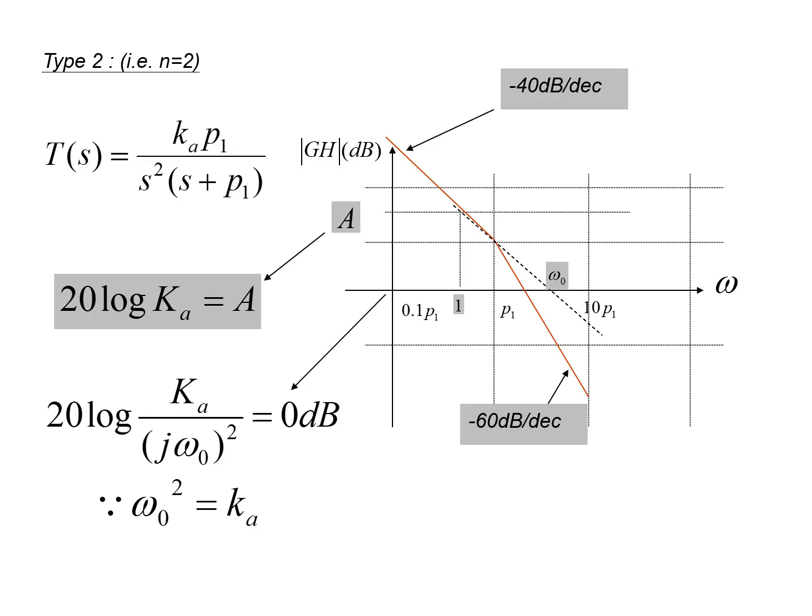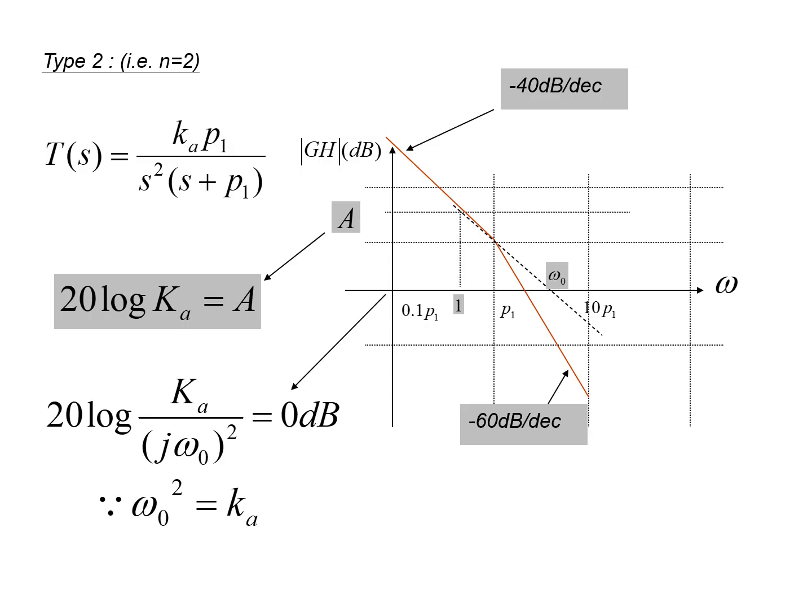Next, for a type 2 system, meaning n equal to 2, here we see the transfer function. 20 log ka is again equal to a, and 20 log ka per j omega squared is equal to 0 dB, where omega squared equals ka.